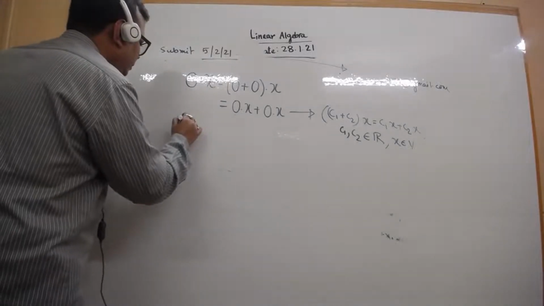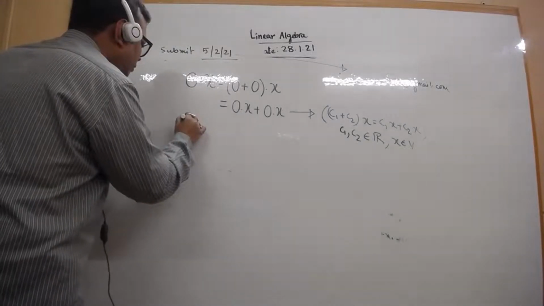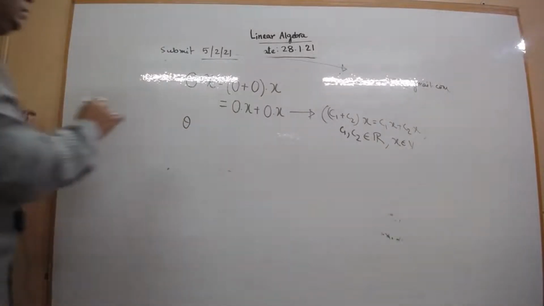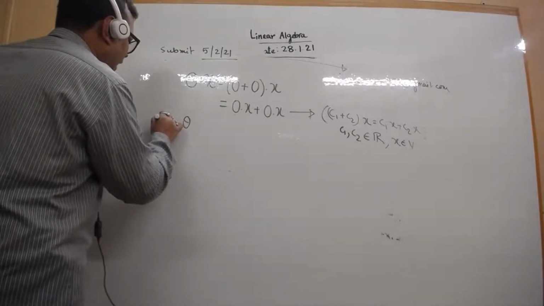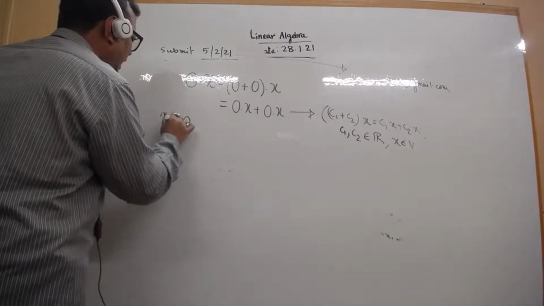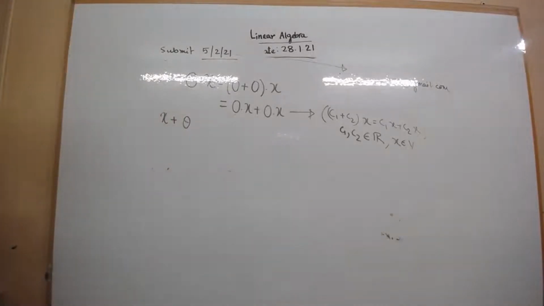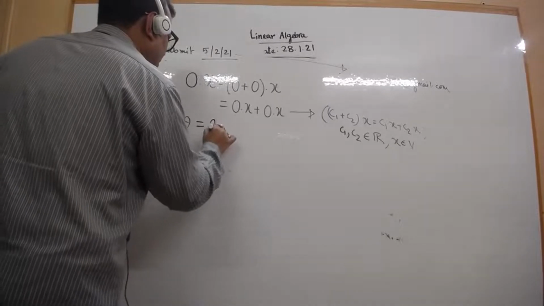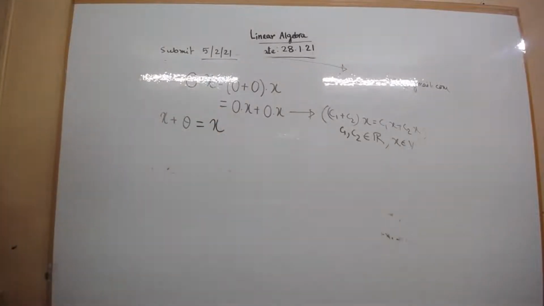Now we know if theta is a null element, then for any element x belonging to V, x plus theta equals x.